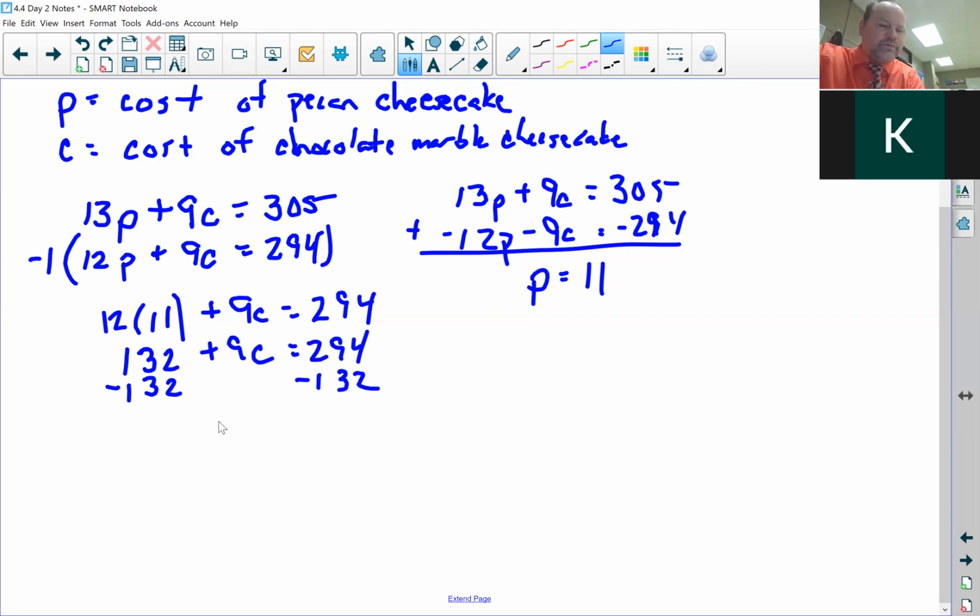Subtract 132 from both sides. And then divide by 9.